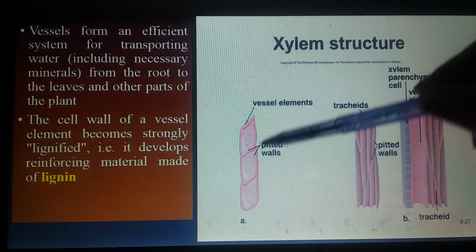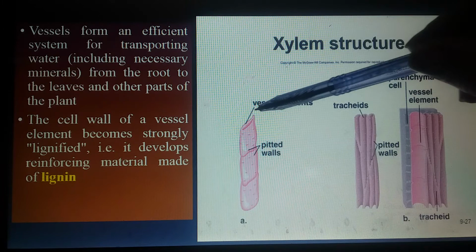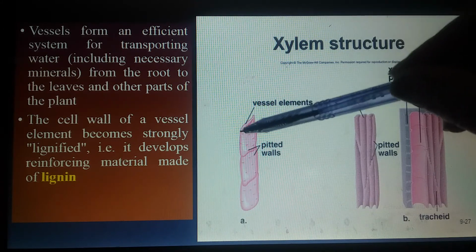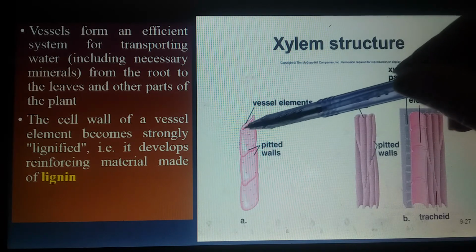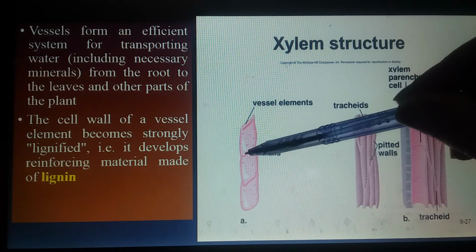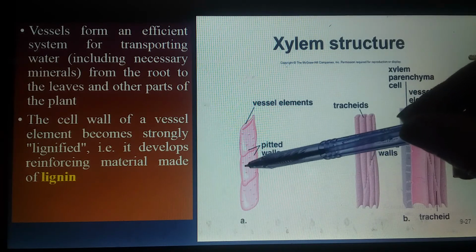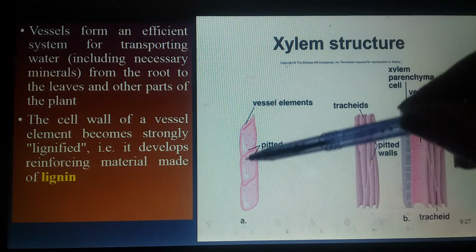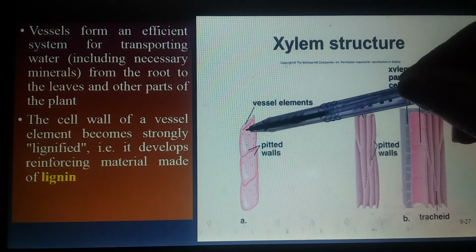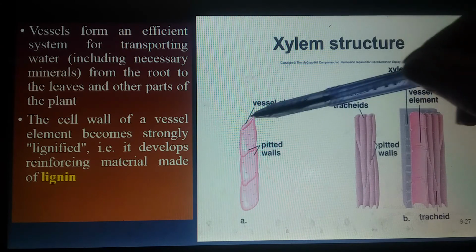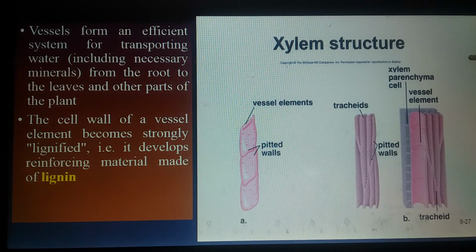These vessels have porous perforated plates at the end on both sides, and on the surface they also have small pits. Pits means pores. So that's why the water conduction through vessel elements is more efficient than through the tracheids.